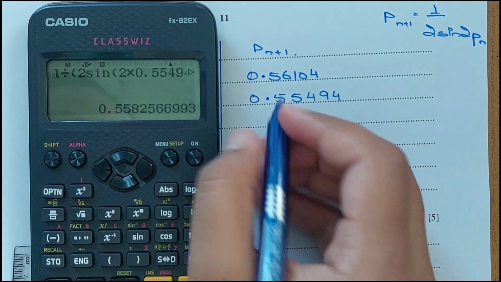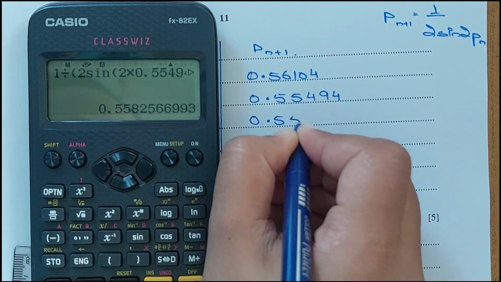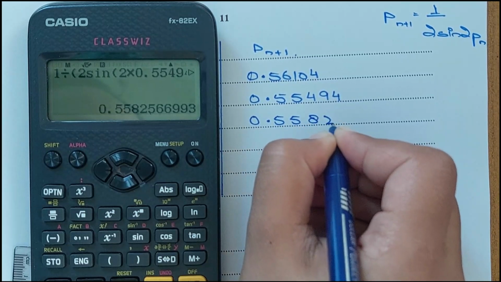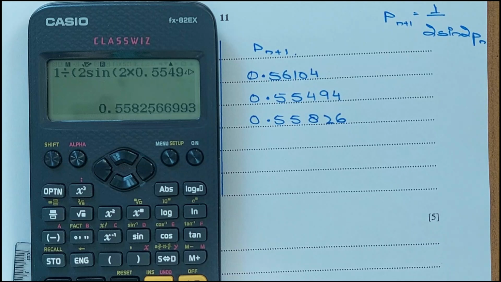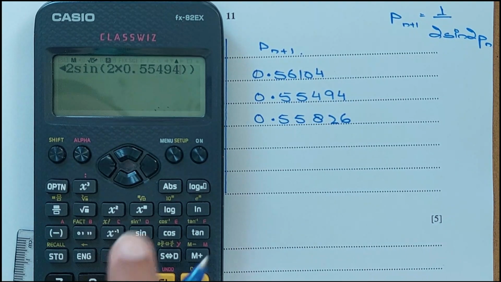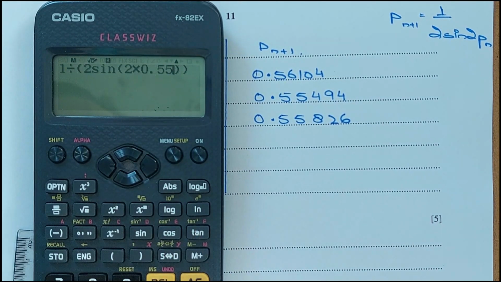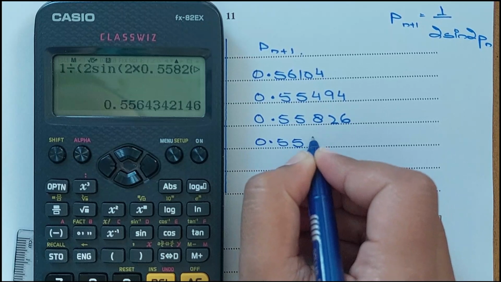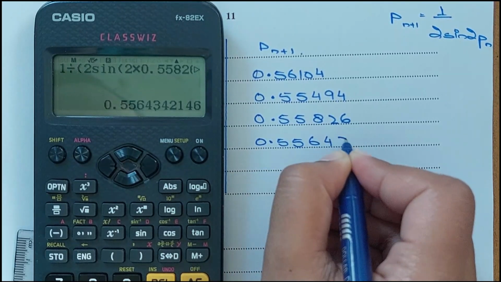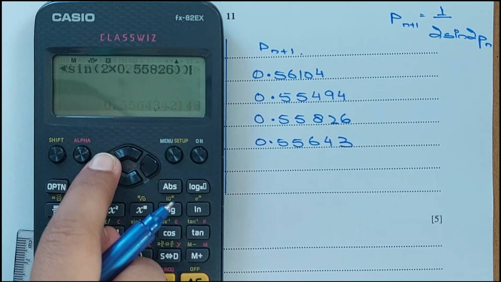0.55494 gives 0.55826. Right, now for the next one, 0.55826 gives 0.55643.